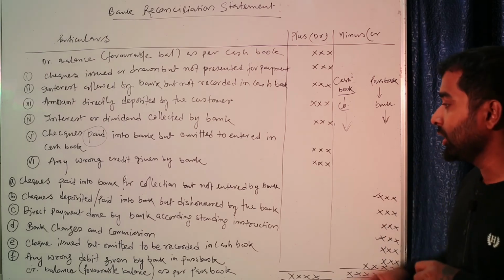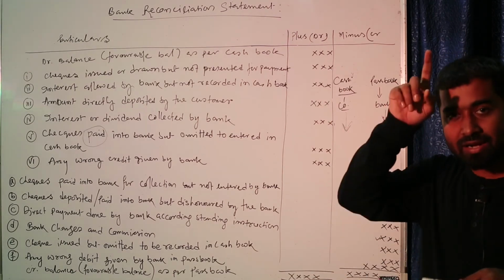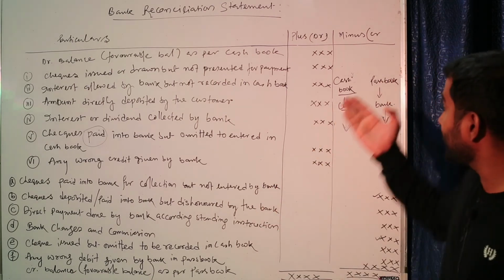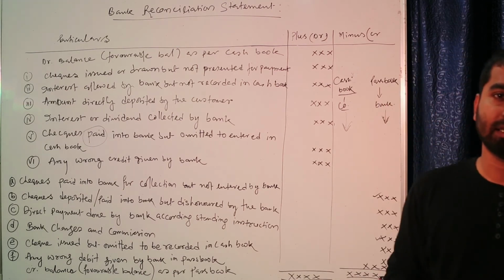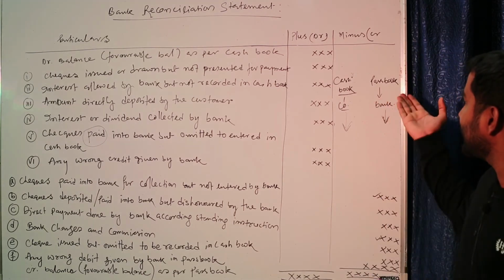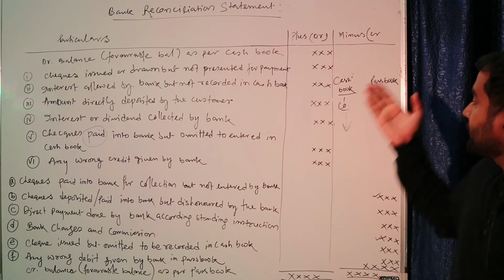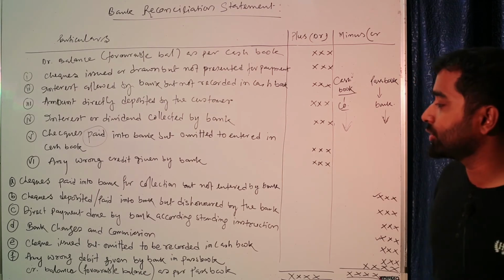So when you issue a cheque, you should subtract that amount from your account, that is, from the cash book. But it was omitted, you have not done it, though it was definitely done in the passbook. If it is not mentioned here, we assume it is already subtracted in the passbook, so in the cash book also we should subtract.